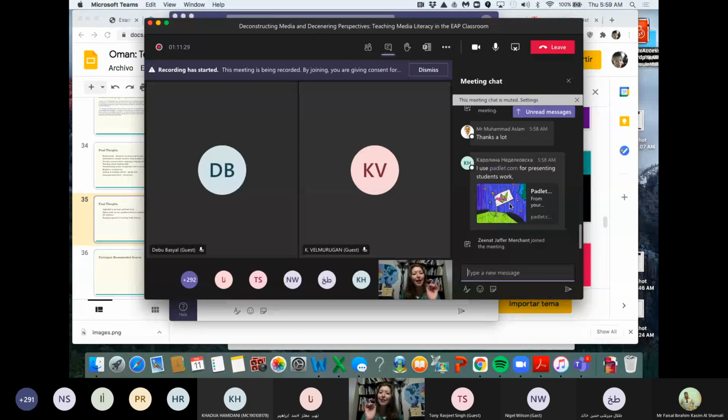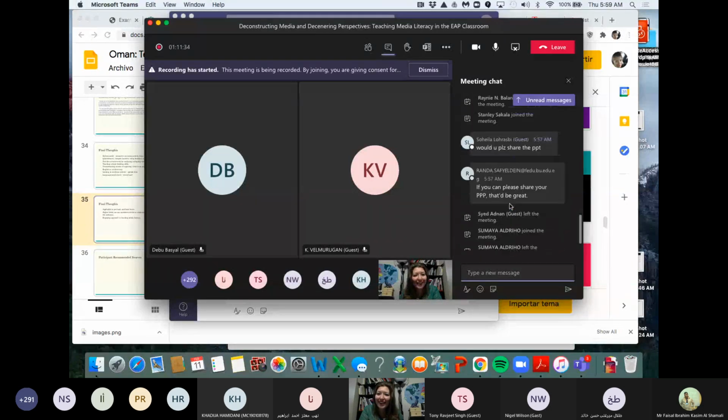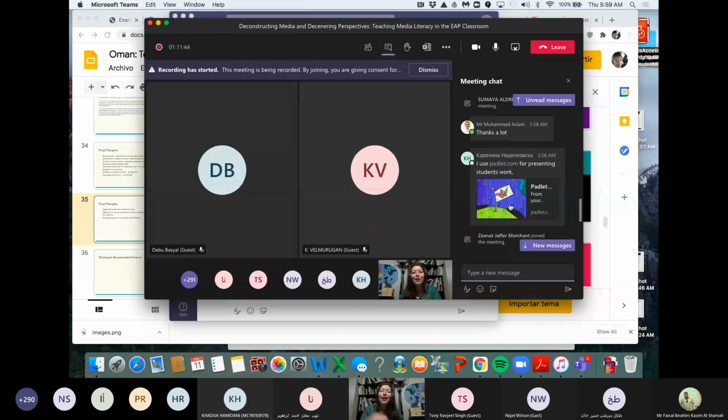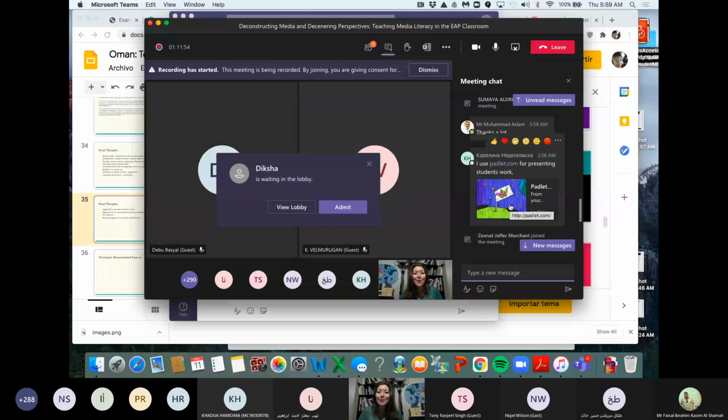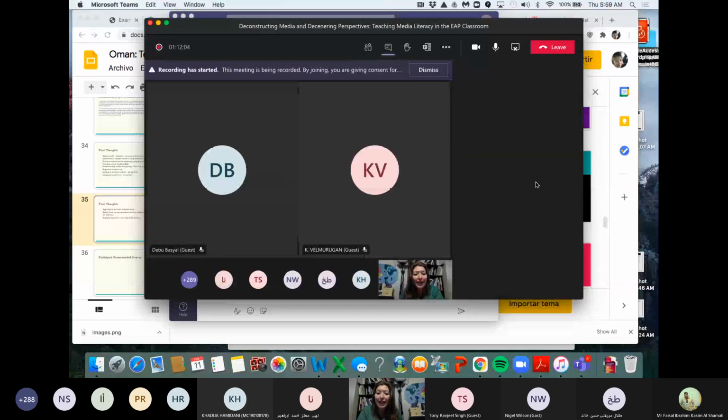Padlet is something I have not gotten into, but I've wanted to look at for a while. But again, sometimes it can be really difficult to learn different platforms when you are still engaged in teaching and juggling everything that has come from mainly teaching at home. Any final thoughts or ideas that you would like to share? And also any sources. So for example, somebody shared something like Padlet. Are there any sources that you like to use in your class that you found successful?